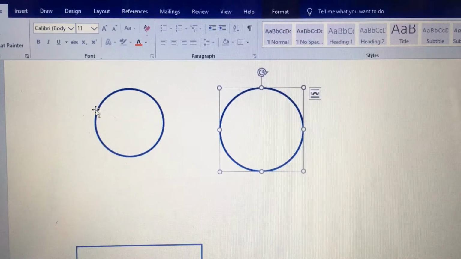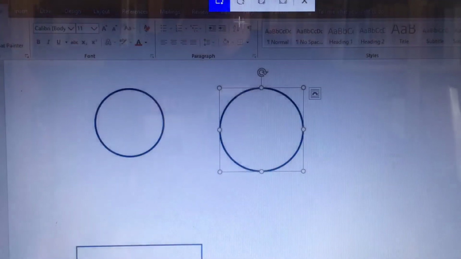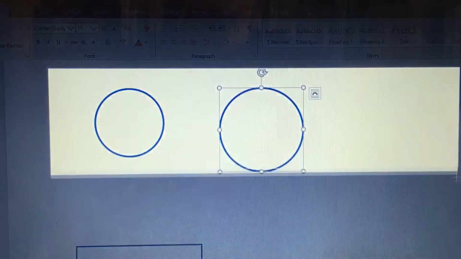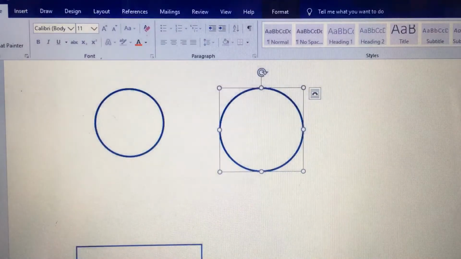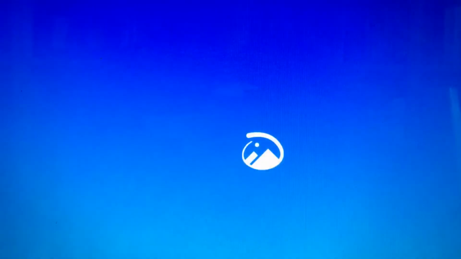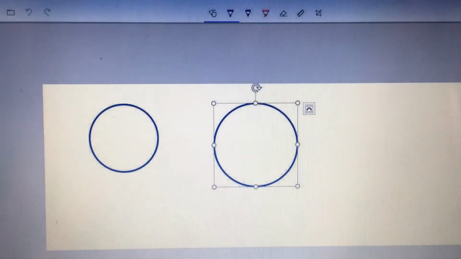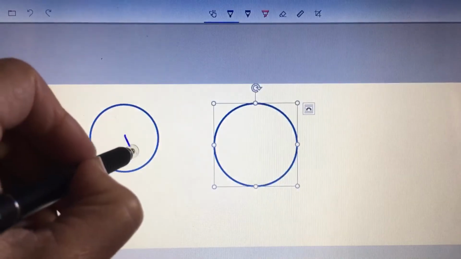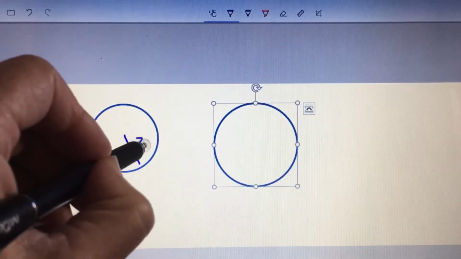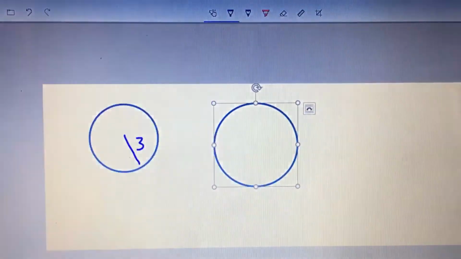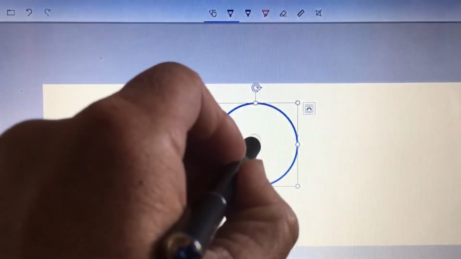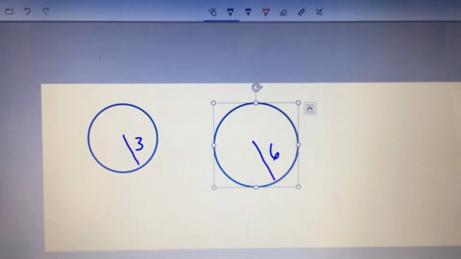Okay, so I want to show you something. If I said that this one had a radius of 3, and this one was twice as big, then this one would have a radius of 6.